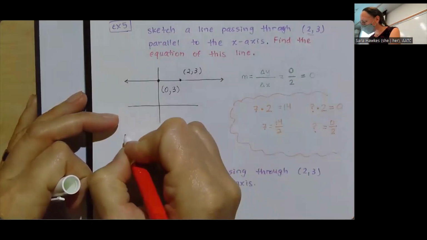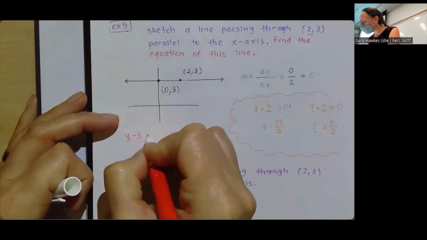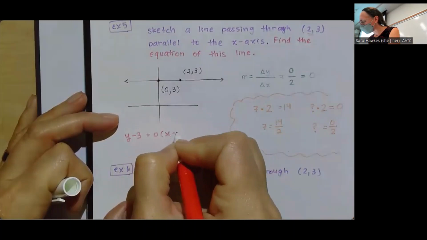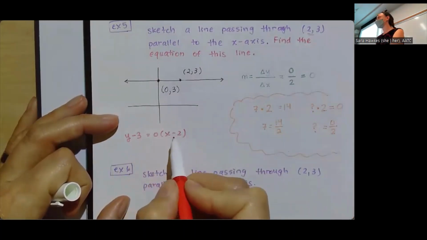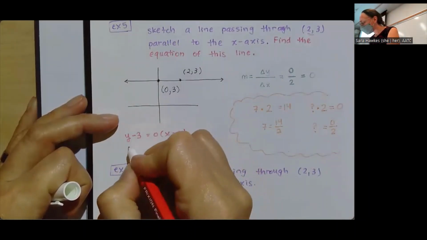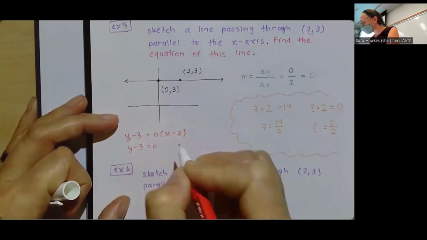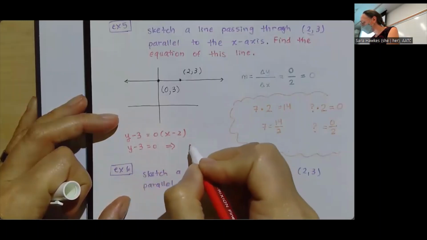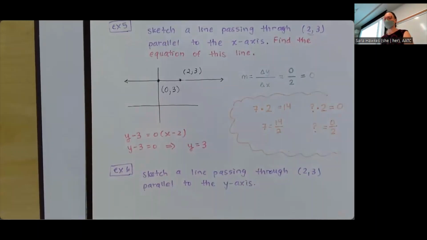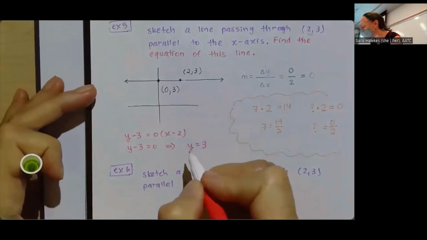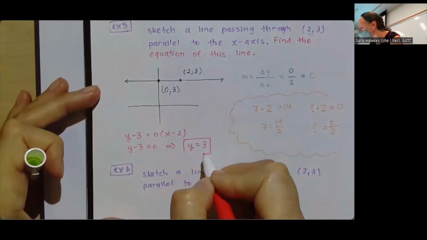So I would have y minus 3 is equal to 0 times x minus 2. What is 0 times some stuff? Right. So this would say y minus 3 is equal to 0, or another way to write that would be that y is equal to 3. And that is the equation of the line.